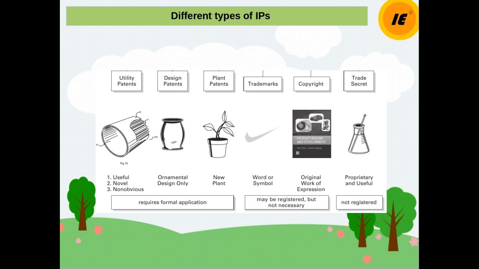For example, here we can see in the figure the utility patent. So basically, when we say patent, in our case it's mostly utility patent, where we have something useful which can be used as a subsystem of something, or as a whole, some sort of a product or some sort of an instrument or whatever it is.